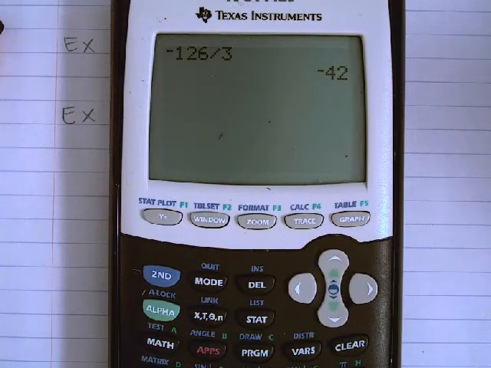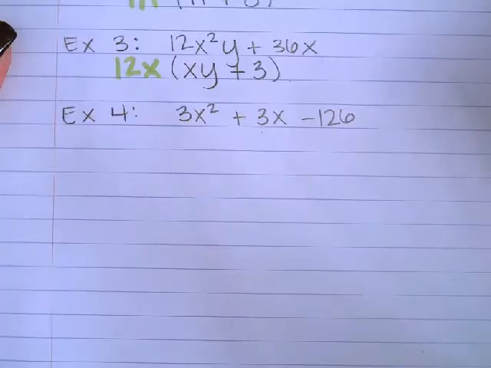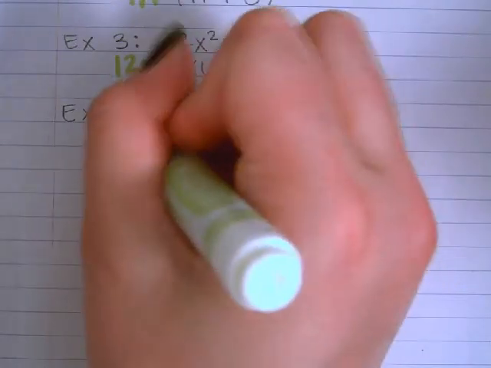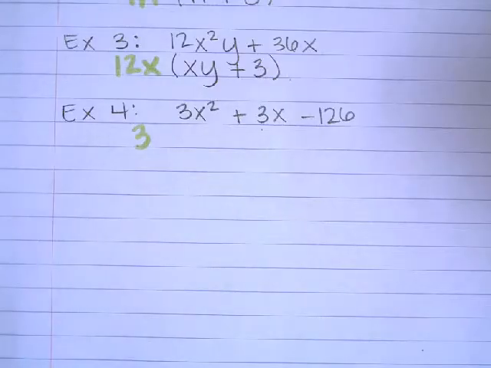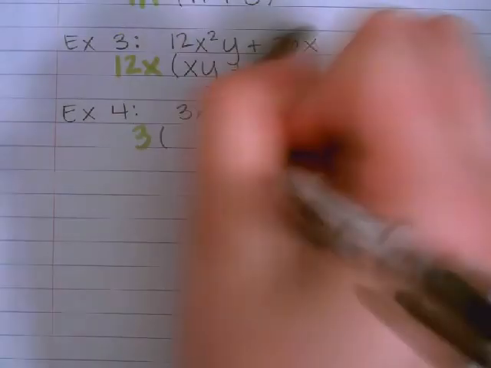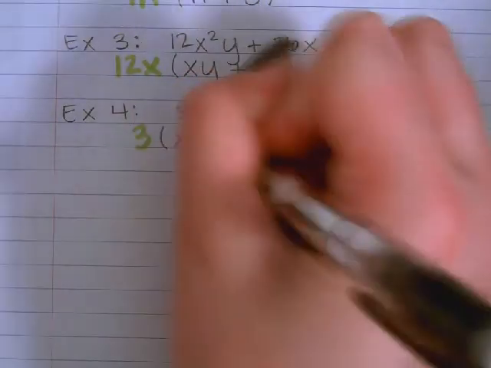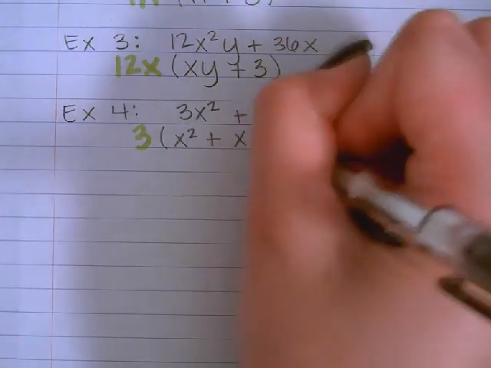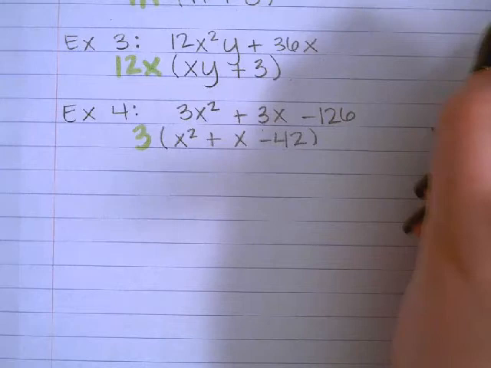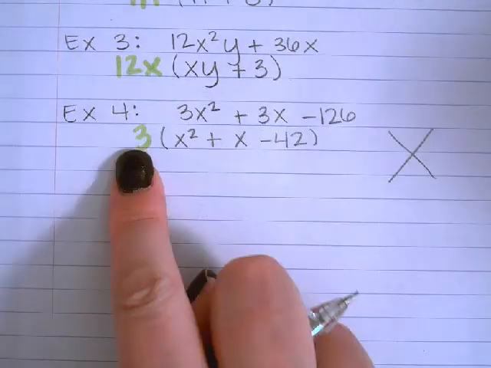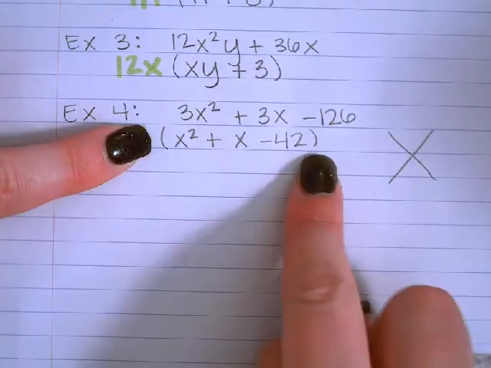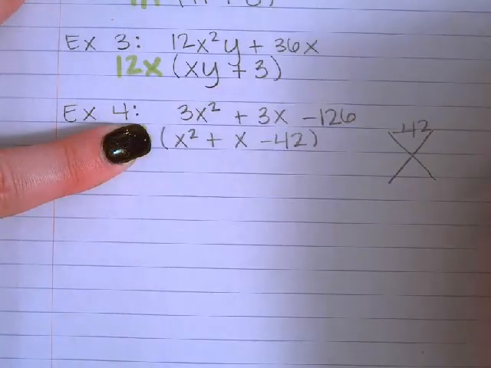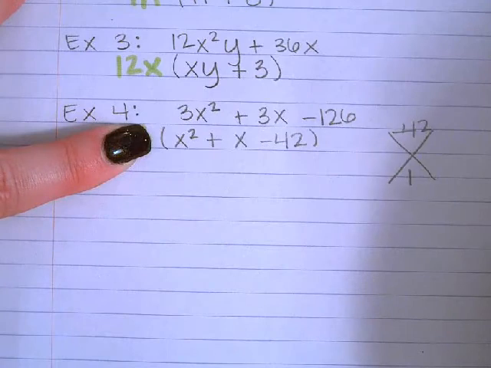It's negative 42. So what I'm going to do is I'm going to take the 3 and I'm going to put the 3 in the front, GCF of 3, and then I'm going to write my leftovers. So if I take out the 3, I have an x squared. If I take out the 3, I have an x. If I divide by 3, I have negative 42. So now, if I ignore the 3 in the front and I just look at what I have here, I'm looking for 2 numbers that multiply to negative 42 that add to positive 1.